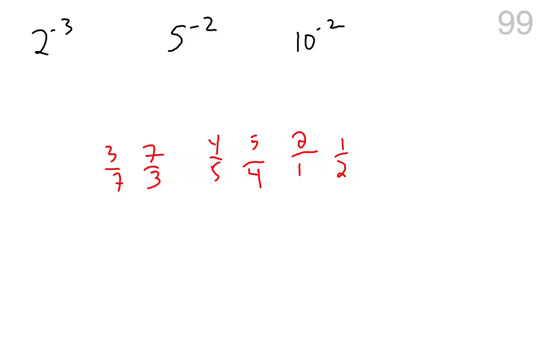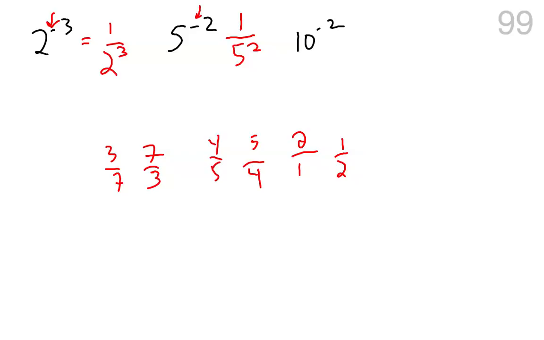Now, 2 to the negative 3 is, notice, the 2 really has a bottom on it of 1. So it's going to be 1 over 2 to the positive 3. 5 to the negative 2 is going to be what? 1 over 5 to the 2. Notice, negative exponent here, there's nothing negative in the answer.